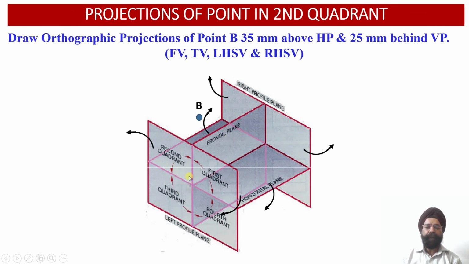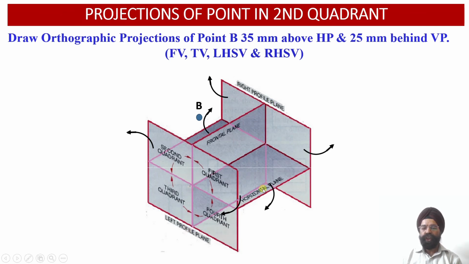Similarly, the left side profile plane also needs to be rotated in such a way that the portion of the profile plane available in front of the vertical plane will be rotated about this hinge in this orientation.